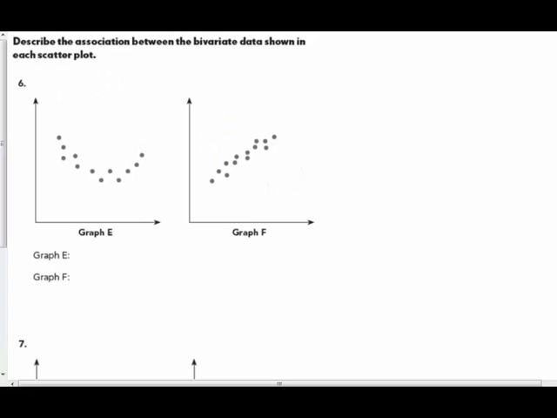So now we're going to go to page 7 in your packet. Page 7. Describe the association between the bivariate data shown in each scatter plot. Now remember, the association can be strong, weak, or no association.